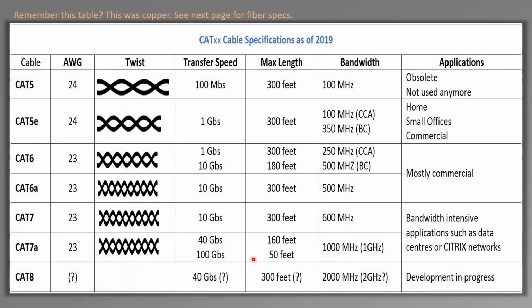Remember this table here when we were talking about the category cabling? Cat5e, Cat6, Cat7, look, they can have transfer speed up to 10 gigabits, Cat7, 100 gigabits per second. And over here, you can see that the maximum length doesn't go over 300 feet.